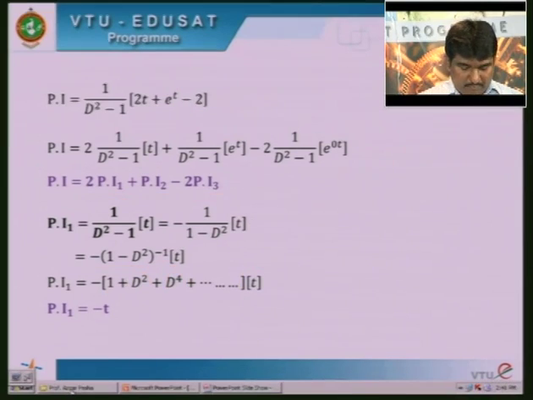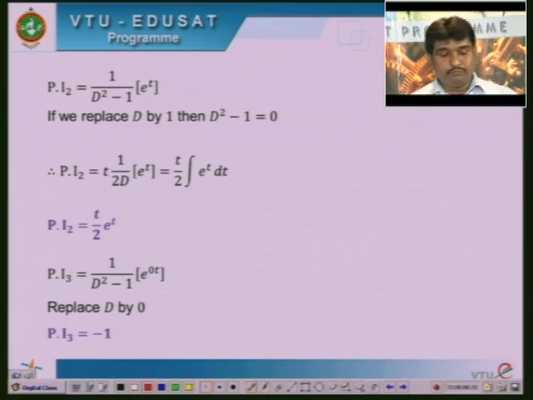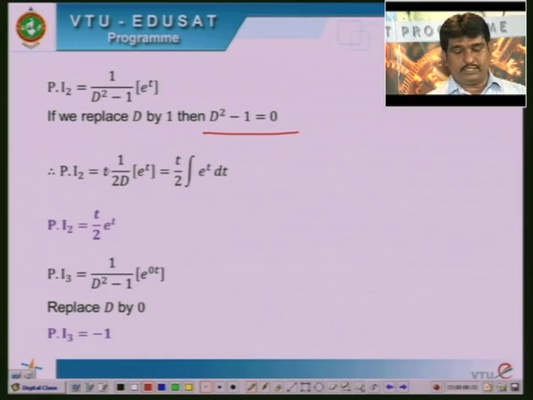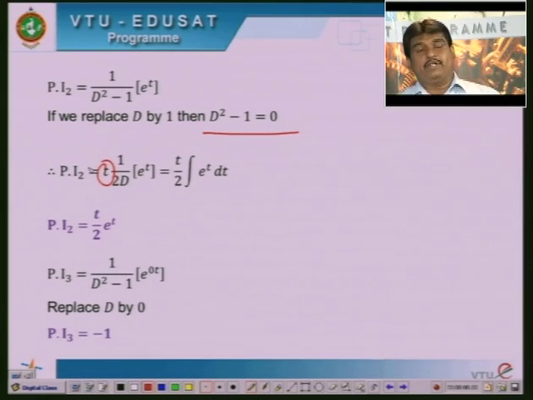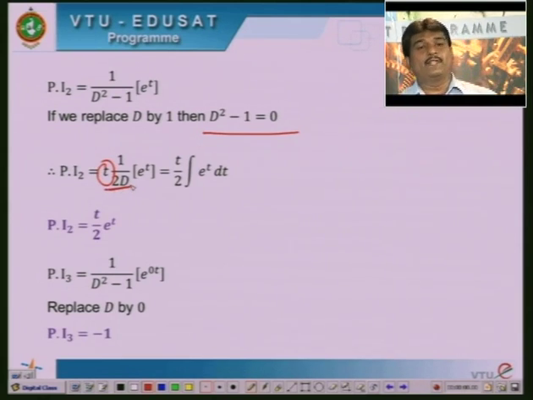Now let us find PI2. PI2 is 1 by D square minus 1 e to the power of t. This is the type 1 form. We have to replace D by a. Here a is 1. If you replace D by a, the denominator becomes 0. So the rule is you have to multiply by the independent variable and differentiate the denominator. The derivative of D square minus 1 is 2D.